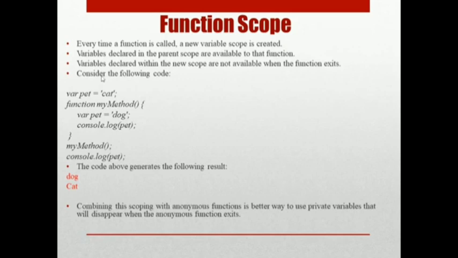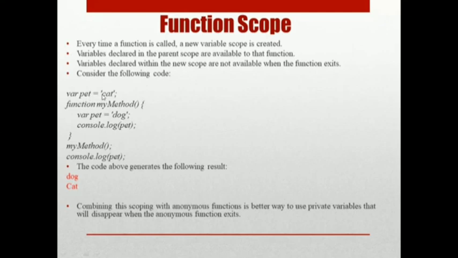See this carefully. Whenever we create or execute any function and a new scope is created, the variables declared within the new scope are not available when that function exits. So consider the following code. For example, variable pet is equal to cat.